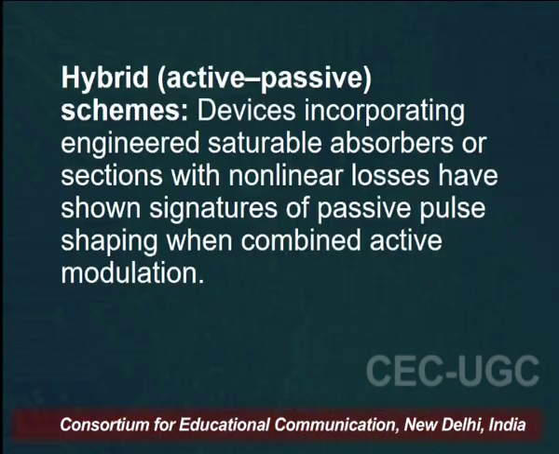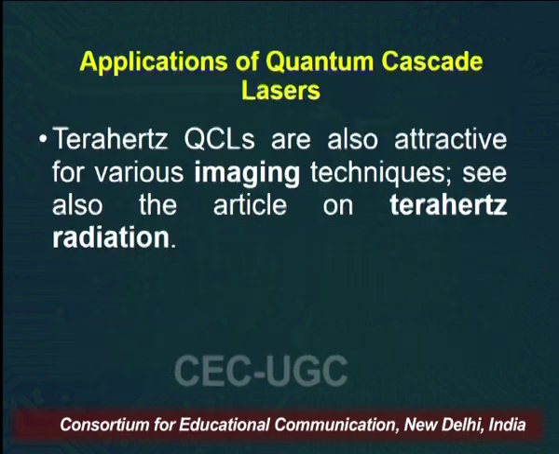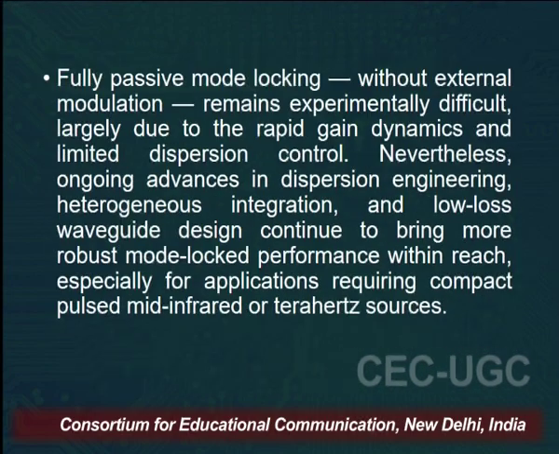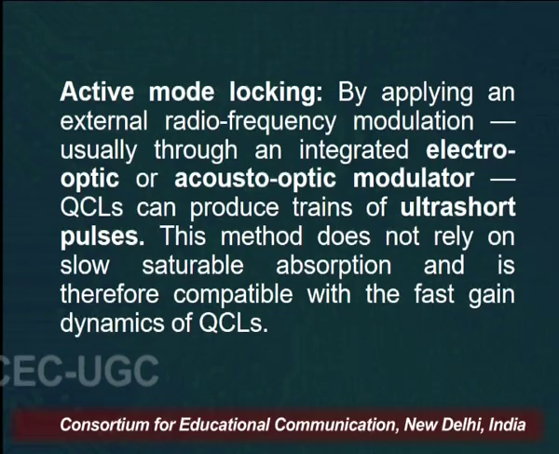Another is the hybrid active and passive scheme, with devices incorporating engineered saturable absorbers or sections with non-linear losses, showing signatures of passive pulse shaping when combined with active modulation.